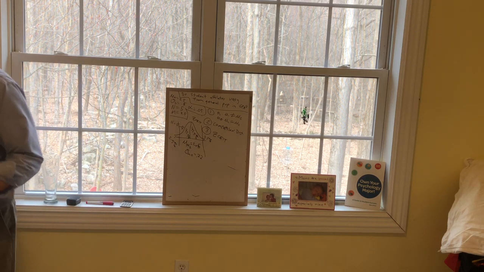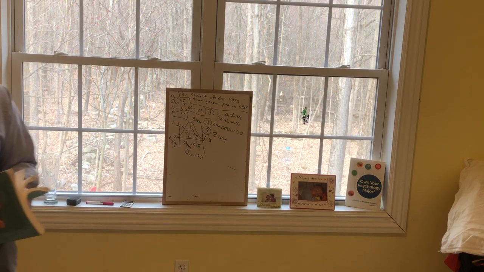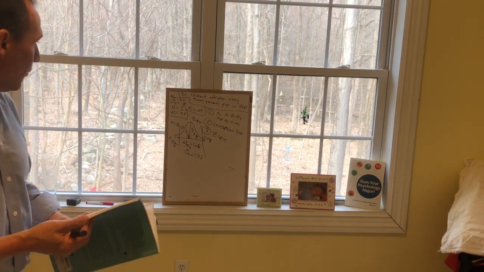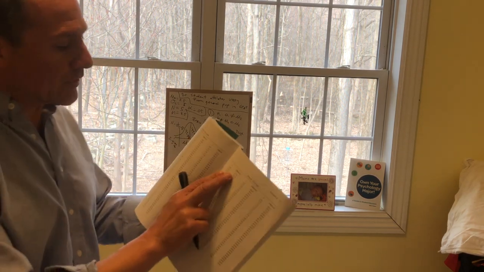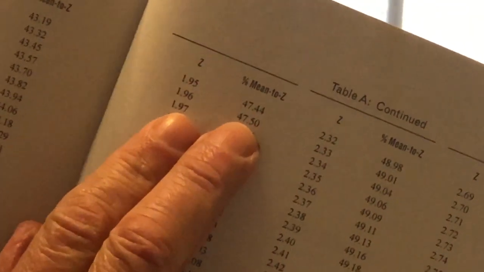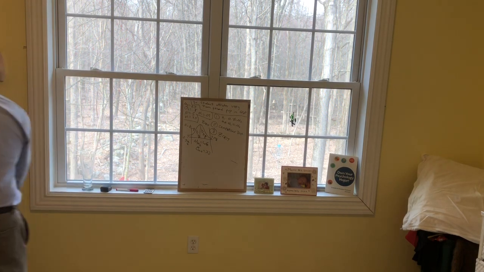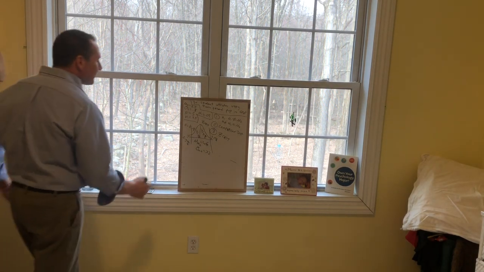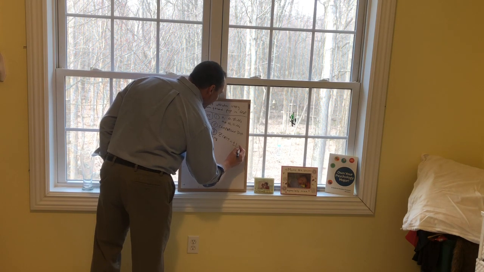If we go back to our table from page 325, we're going to look up 47.5%, which is actually on page 327, and it's right there. Percent mean to z, 47.5% corresponds to a z of 1.96. So ZCritical equals plus or minus 1.96.